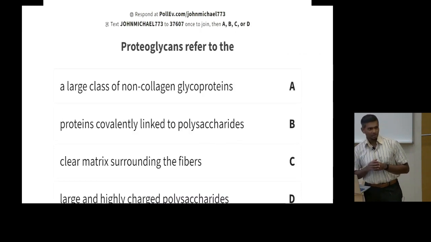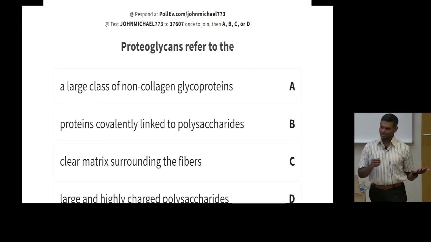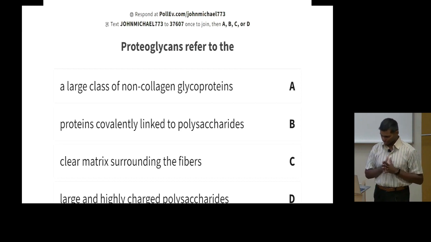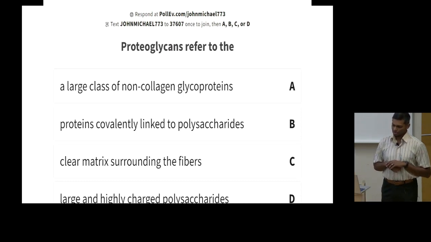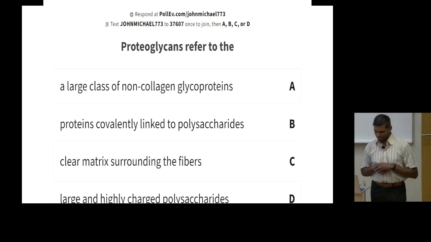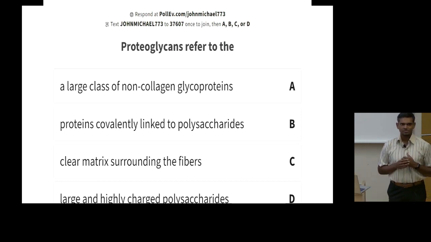Okay, now I have a question for you about the matrix. I told you keep in mind what are the cells and also what is the matrix surrounding those cells. And so the question is, proteoglycans refers to which of the following? Is it a large class of non-collagenous proteins, or is it proteins covalently linked to polysaccharides, or is it a clear matrix surrounding the fibers, or is it a large and highly charged polysaccharides?